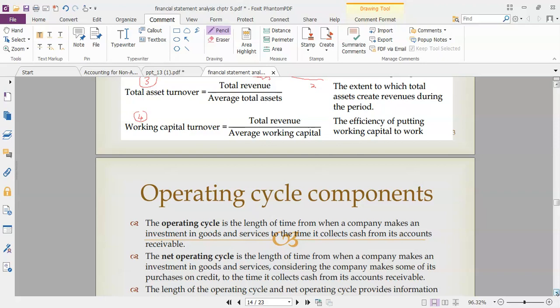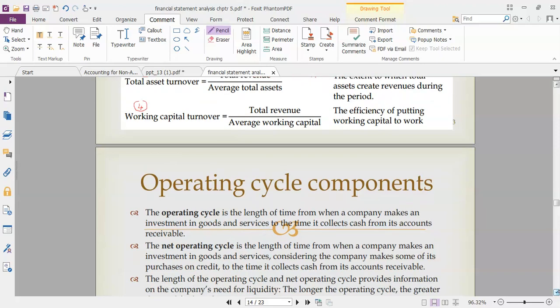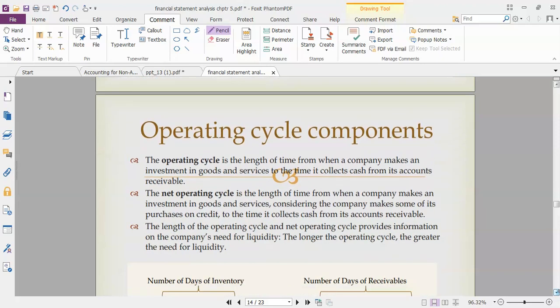Can someone please read this slide? Vishal or Rishi, please read. My energy is getting low. Okay, please read this.